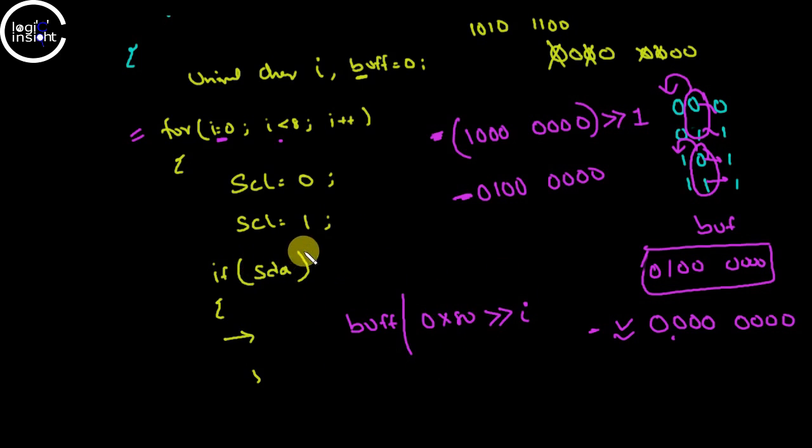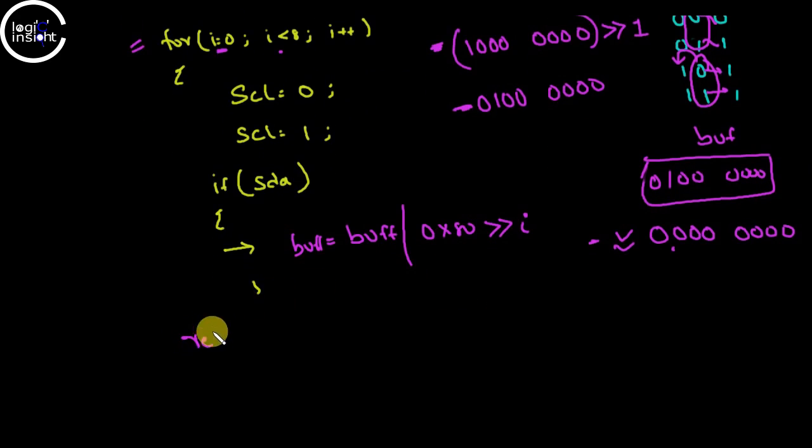If we want to put the data 0, no operation is done, because by default all the values are 0. At that index, the value is skipped. And we have to store the data in the buffer. So this is how we're going to read the data, and after reading the data we knew that we have to return the data. So I write return buffer.